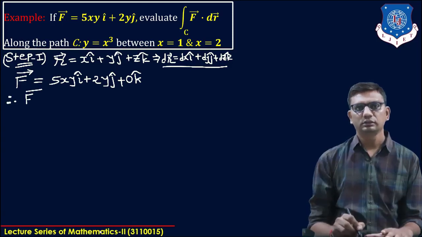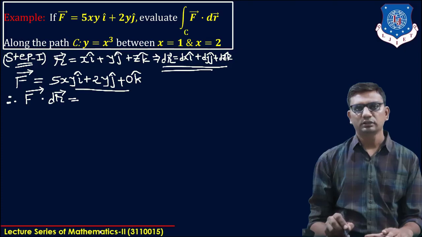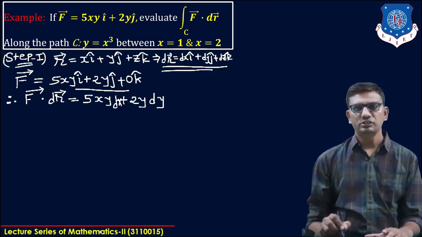Therefore, f bar dot dr bar equals the dot product of f bar, which is written here, and dr bar. So we have 5xy dx plus 2y dy and 0 dz, which is not written.